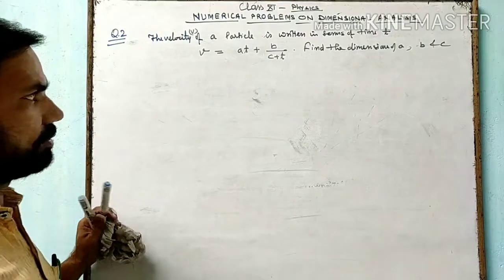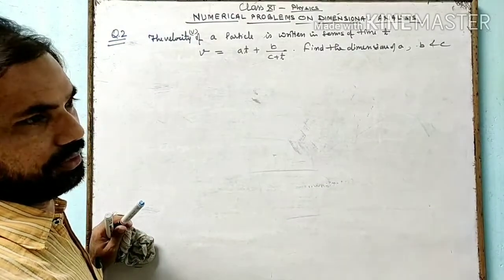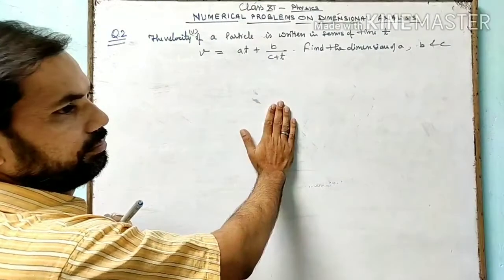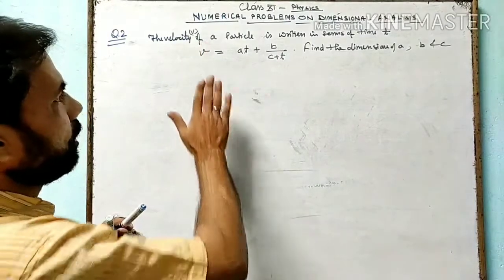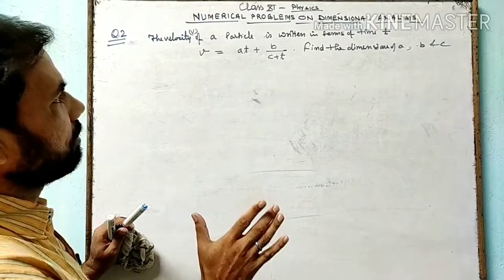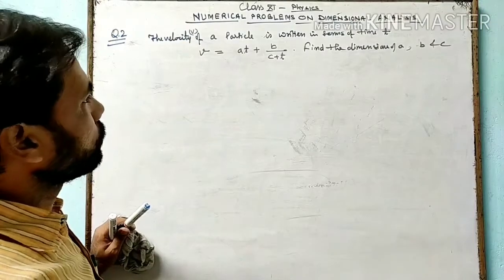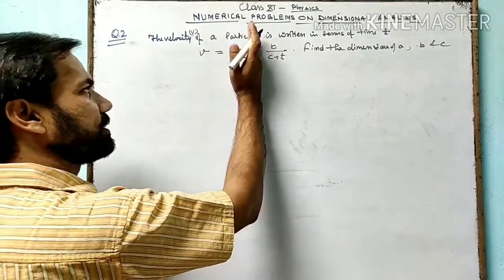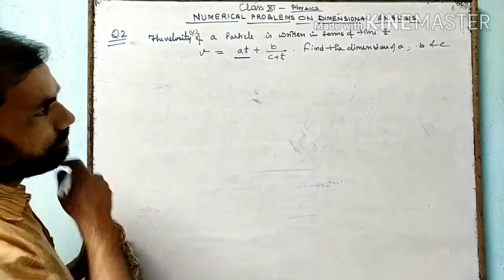It's a simple logic. From the application of dimensional analysis, from the principle of homogeneity, we know that the dimension of each and every term on either side of any physical relation must be the same. So on the right hand side, the first term must be a velocity term, and the second term must also be a velocity term.